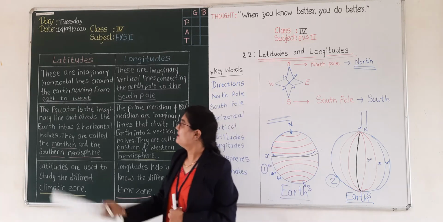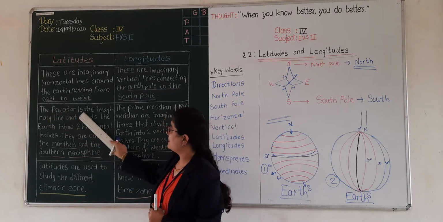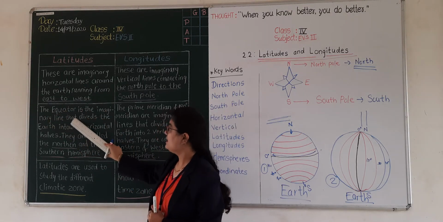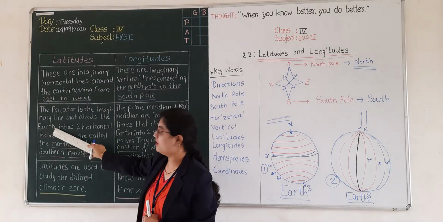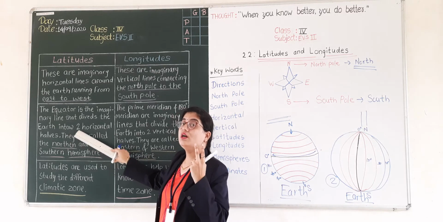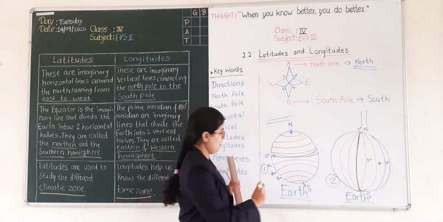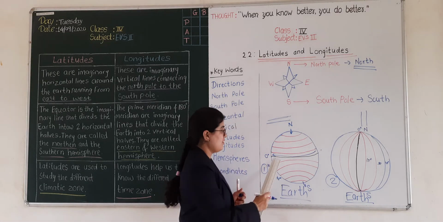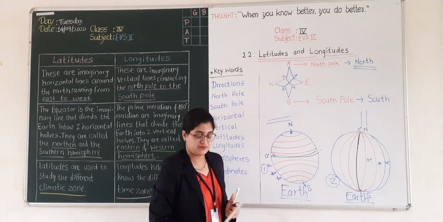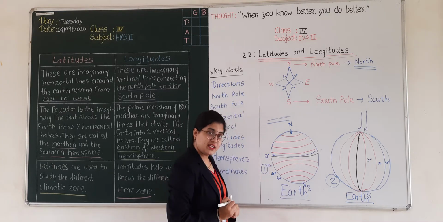Then the next point: the equator is the imaginary line that divides the earth into two equal horizontal halves. Alright. Here I have drawn a line with a black marker. This line is at 0 degree.